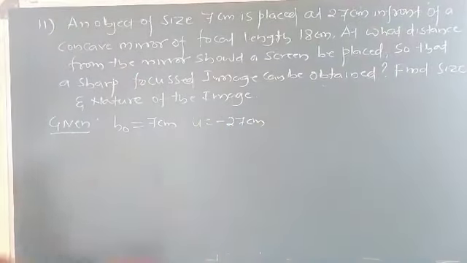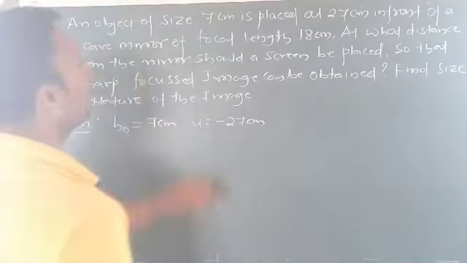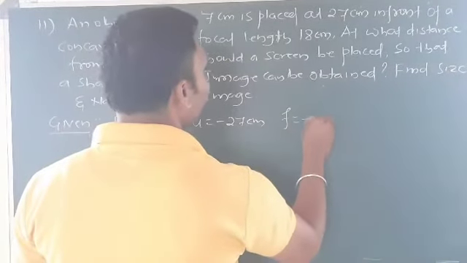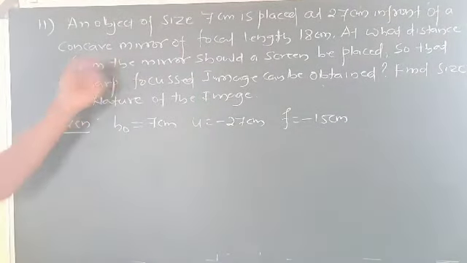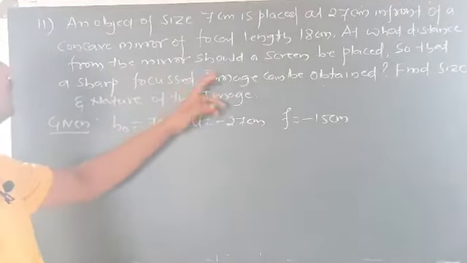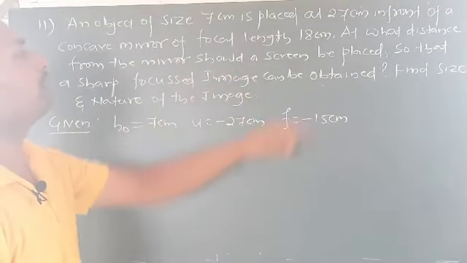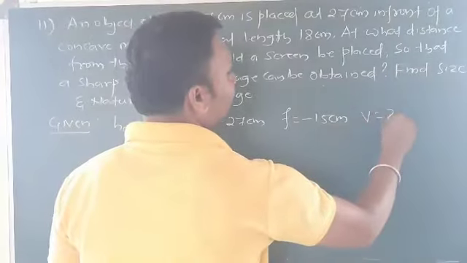The focal length is given as f equal to minus 15 centimeter. It is minus because this is a concave mirror. So at what distance from the mirror should a screen be placed so that a sharp focused image can be obtained? We need to calculate that.